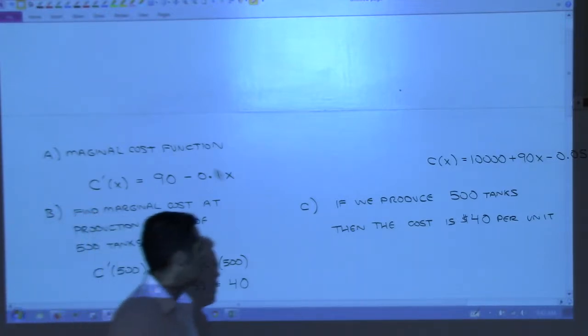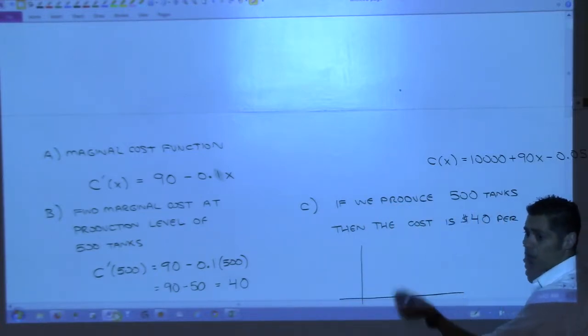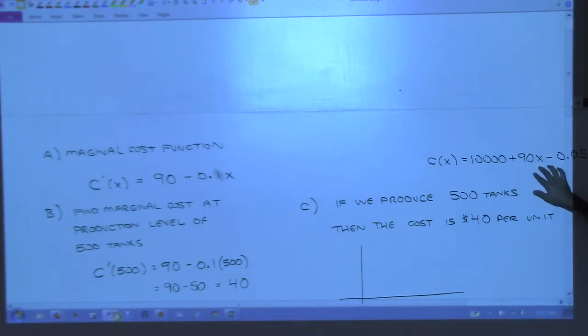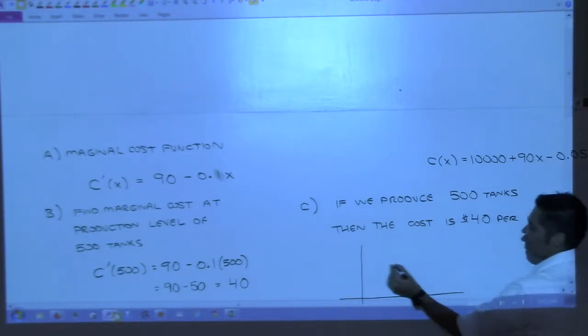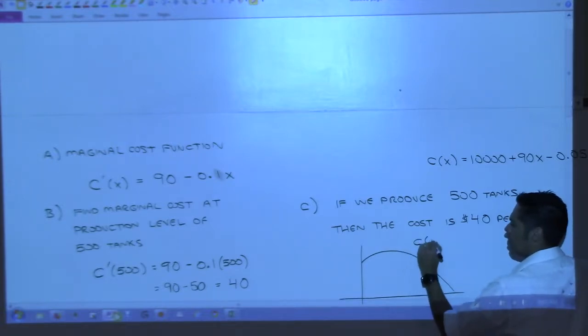So let me go back to a graph. The original cost function right here is a parabola, right? And it opens which way? It opens down, right? So it actually does something like this. Okay, that's our C of x.